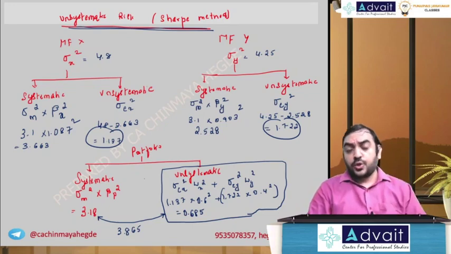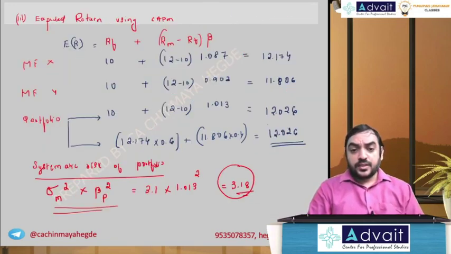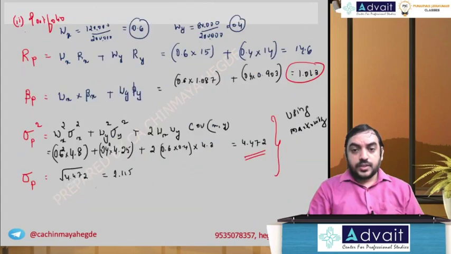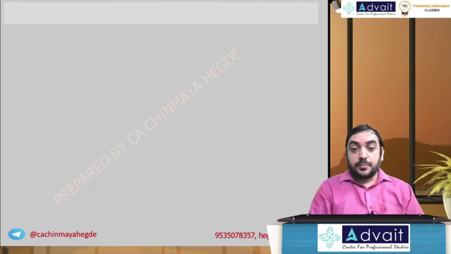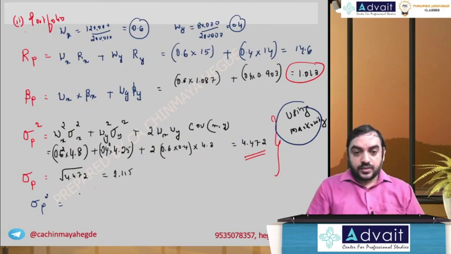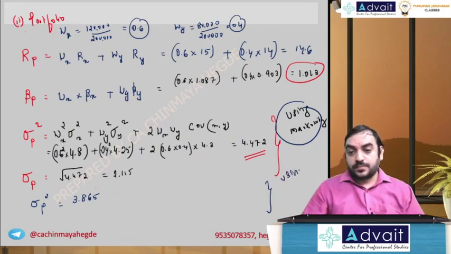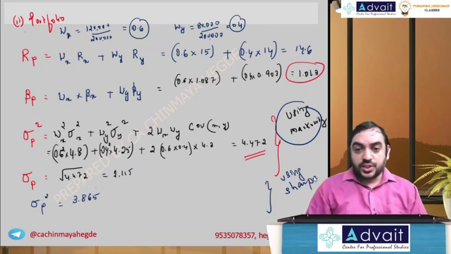So I'll just go back to the previous slide for a second. You remember what you wrote, the second part of the problem? I have written this also using Markowitz. So we can also write this sigma p square, what we just calculated now, that is 3.865, the portfolio risk using the Sharpe index.